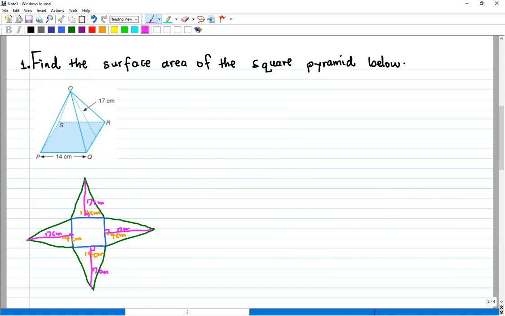Now we are going to find the surface area. Step one, find the base area. The base is a square, so we need the area of a square.